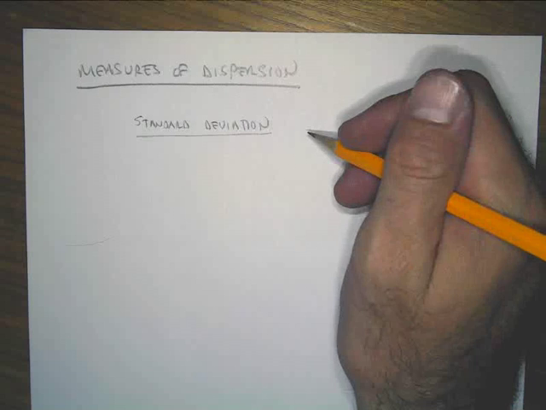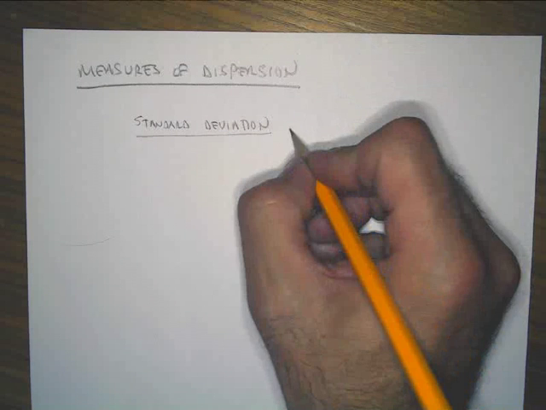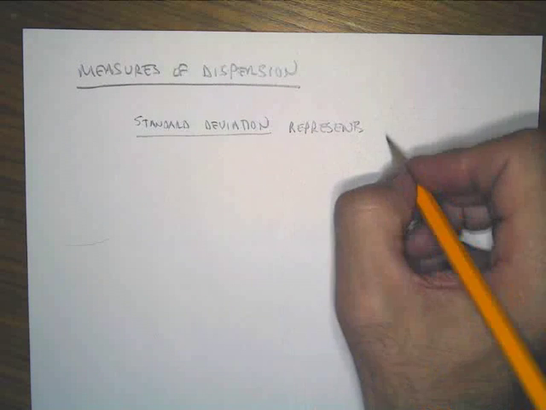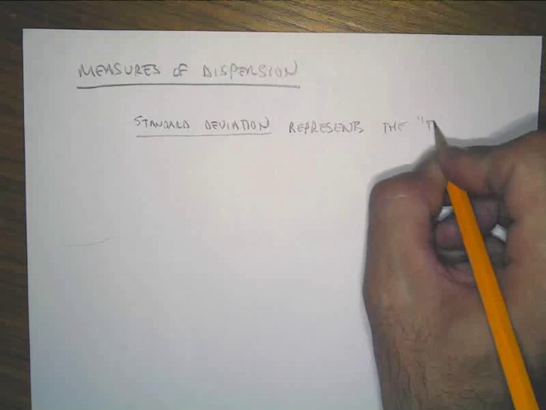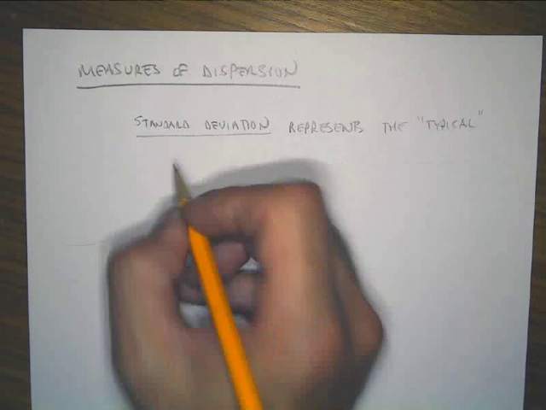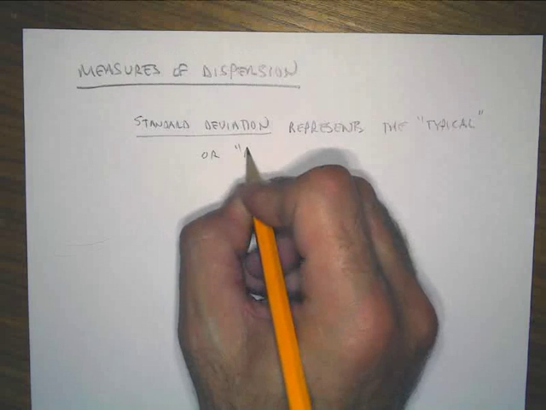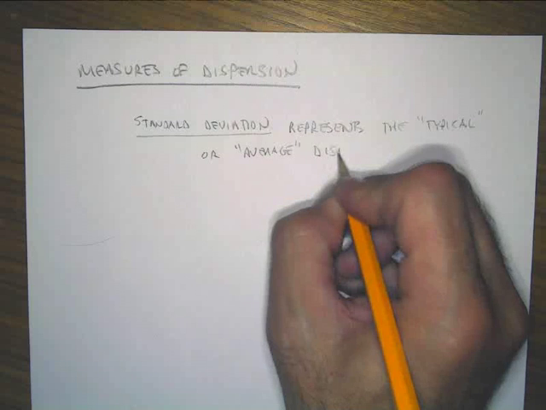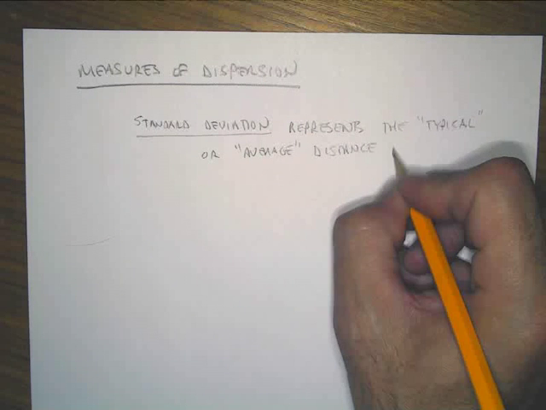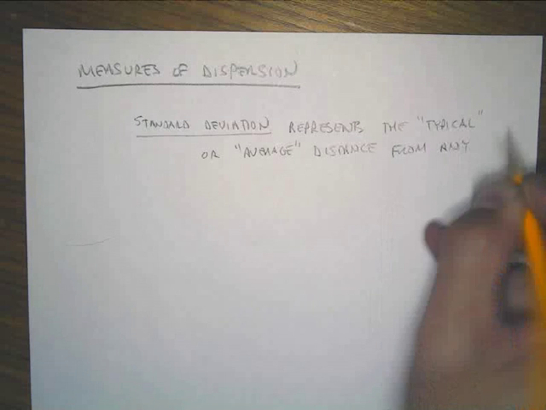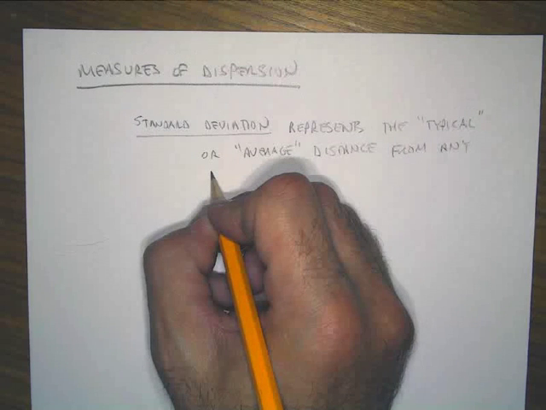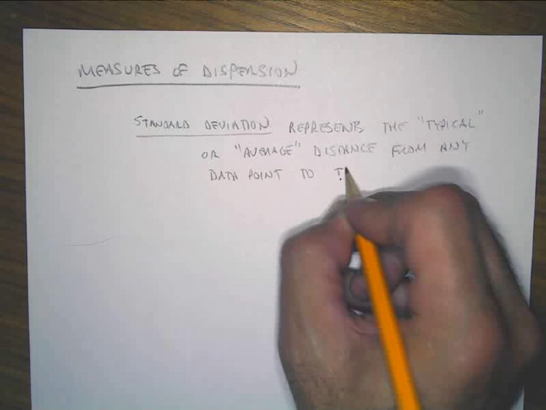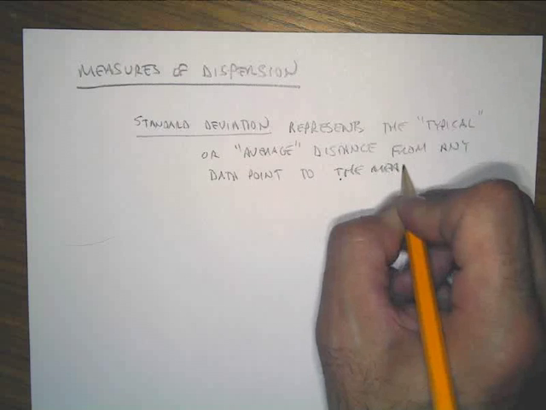And so standard deviation is a better measure because it represents the typical or average distance from any data point to the mean.